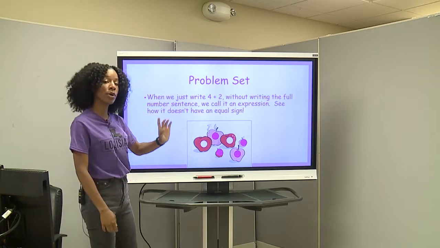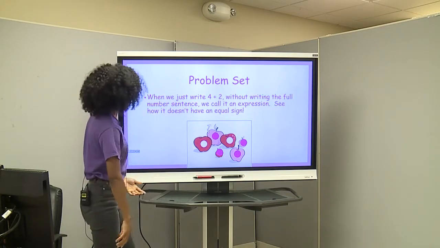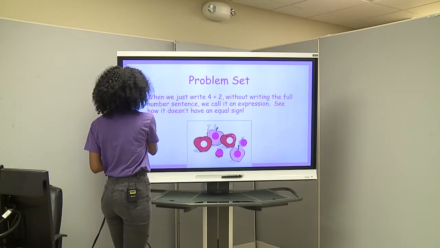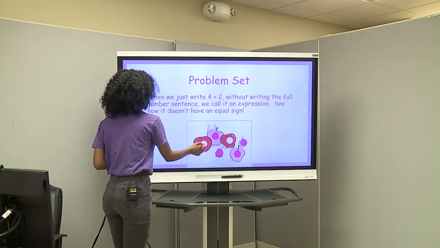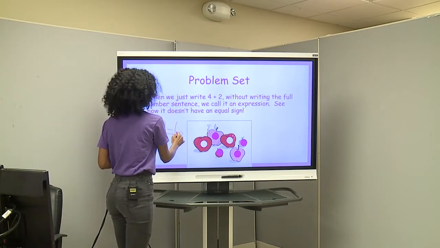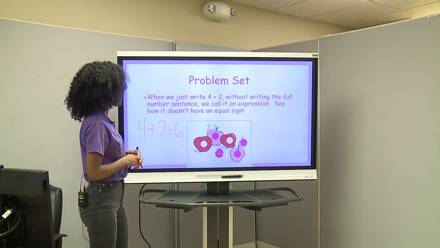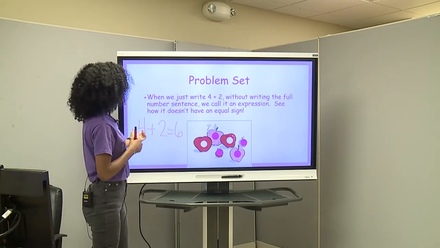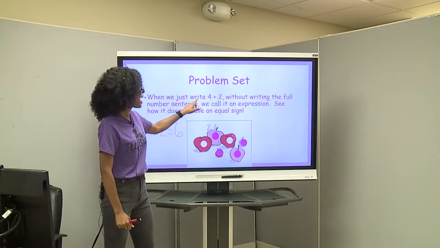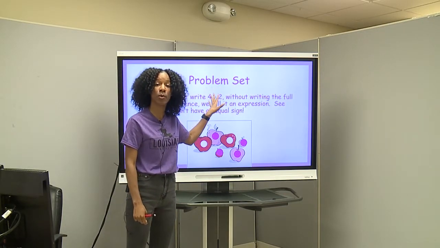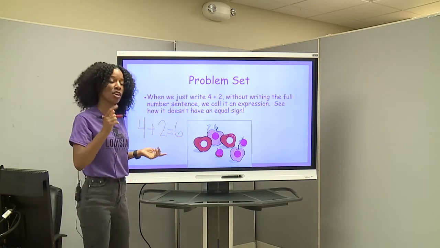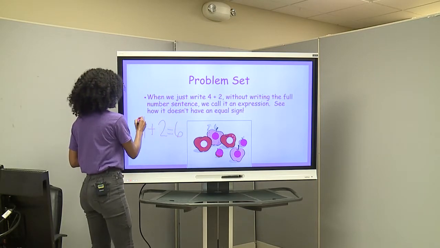Now, if you want to put that into a number sentence, you would say there are 4 red plus 2 white circles equals 6. This is called an expression. Actually, this is called a number sentence. An expression does not have an equal sign. So it's just 4 plus 2. But if we wanted to write a number sentence, you would put the equal sign and 6.